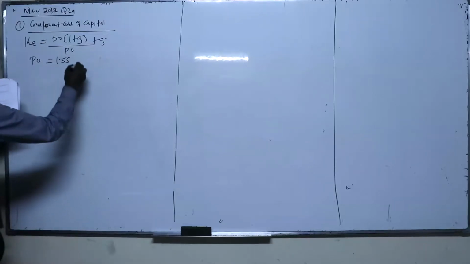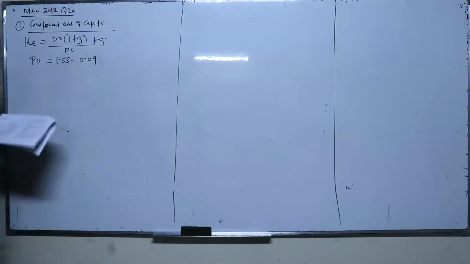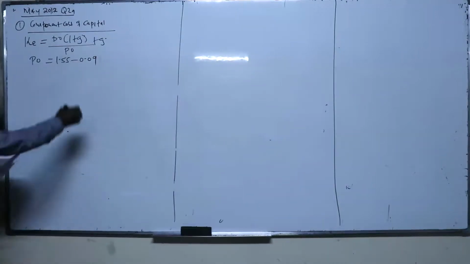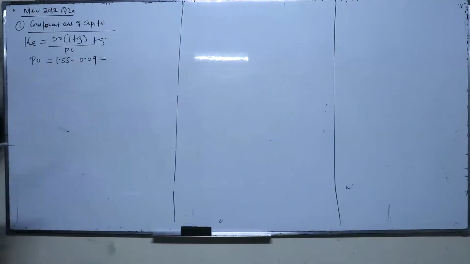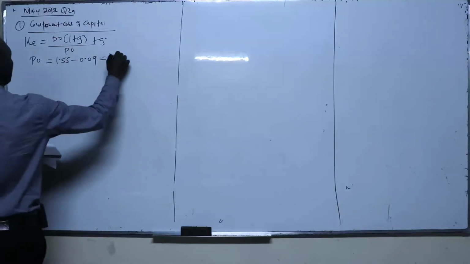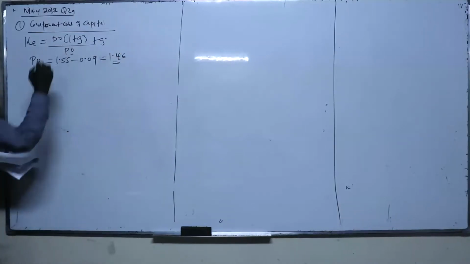And then we minus 0.09. So what is the market price without dividend? 1.46. This is the P0.